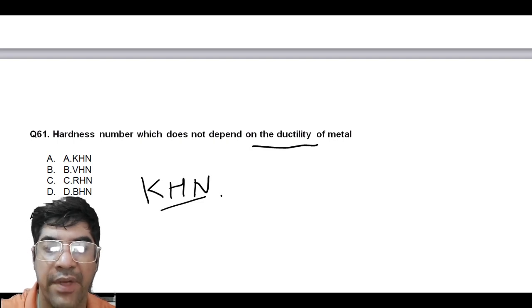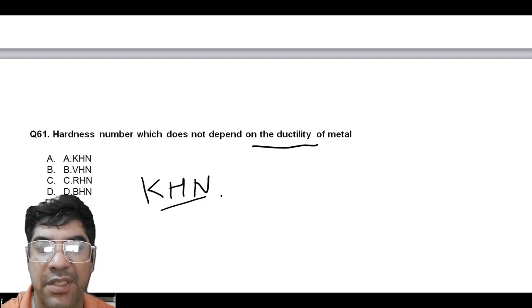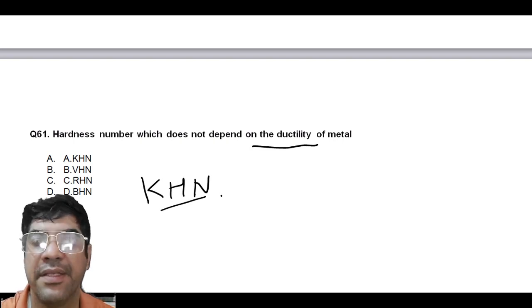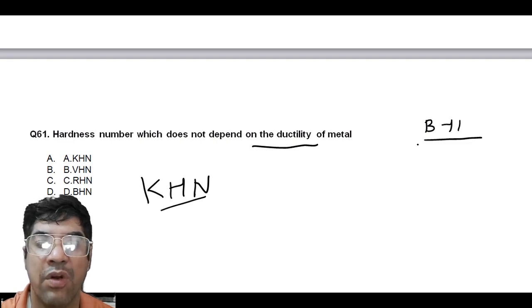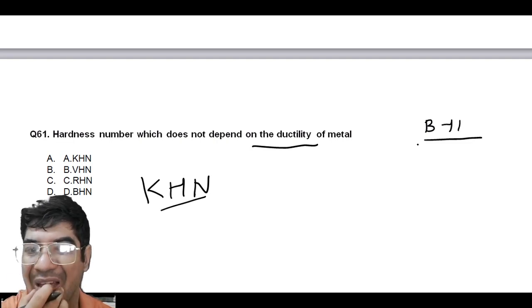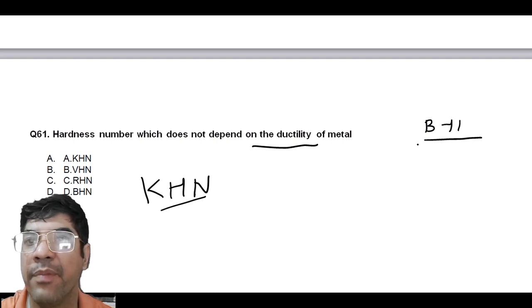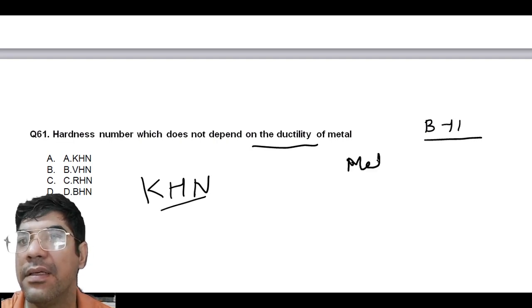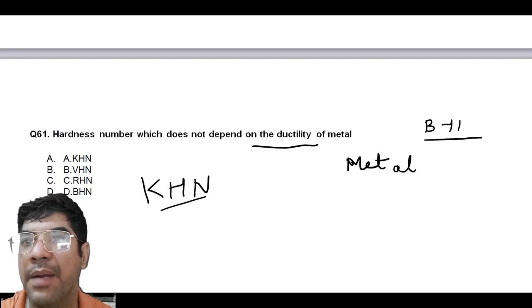So we have various hardness numbers like the Brinell hardness number. Remember, the Brinell hardness number is known for measuring hardness of metal and metallic objects.